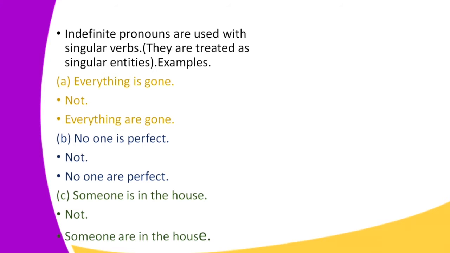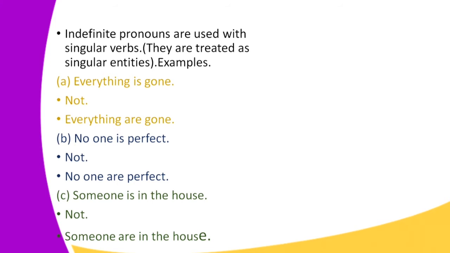Indefinite pronouns are used with singular verbs. They are treated as singular entities. Let's look at examples. A, everything is gone. We are saying they take singular verbs, so we cannot say everything are gone. B, no one is perfect.